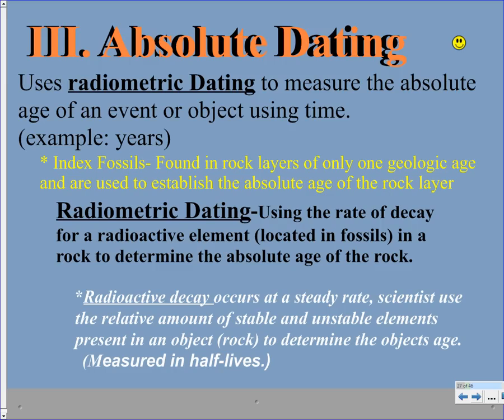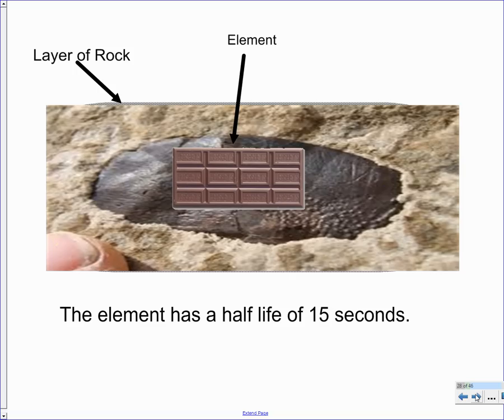Okay? Let's move on. So, for instance, let's say the Hershey bar that's within this rock, let's say that this is the rock layer, this block out here that I'm lining in blue. Within the rock layer, you have a fossil, which I'm outlining in red.